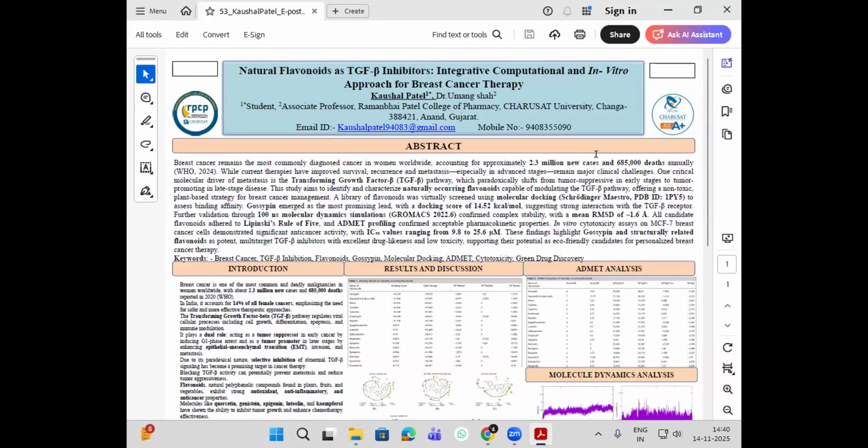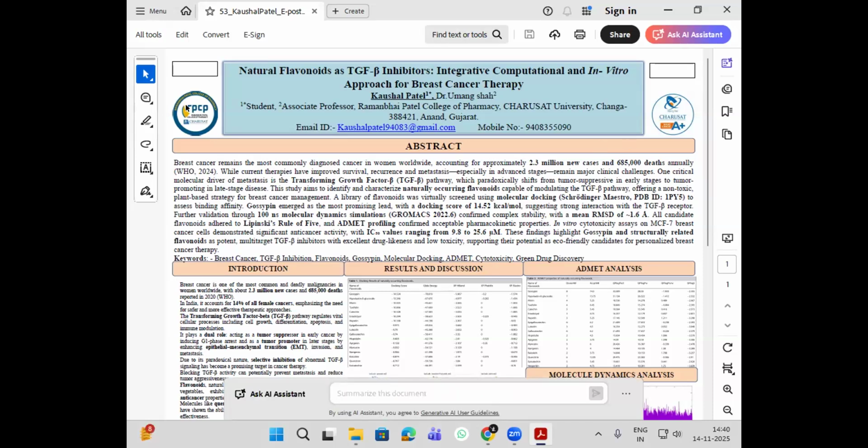If we talk about the ligand, we use the PubChem database for our ligand data, and we use LigPrep for minimizing the energy of the ligand and maintaining the stereochemistry, for the further docking study.